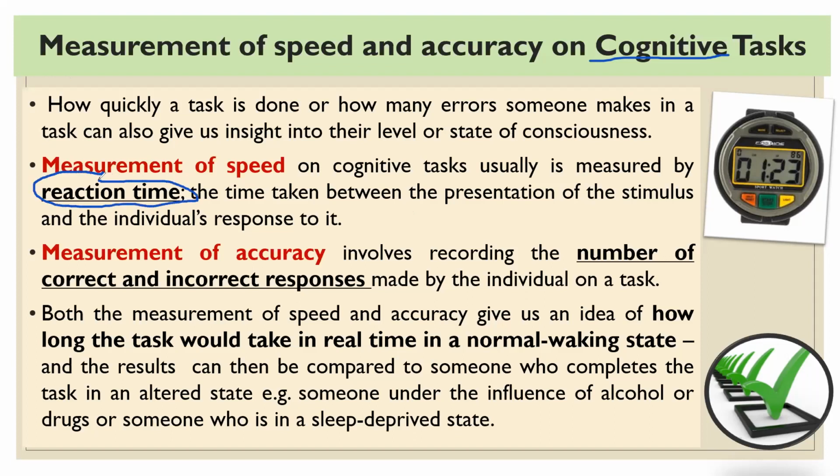Okay, so if someone tries to punch you, you might not really dodge that punch as quick as you might have if you had a proper sleep the night before. Okay, so measurement of speed on cognitive tasks is measured by reaction time. Okay, so that's basically how long it takes you to do something or to respond to something.